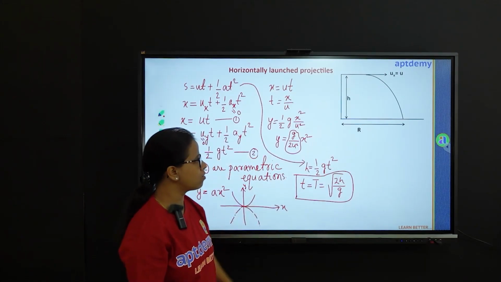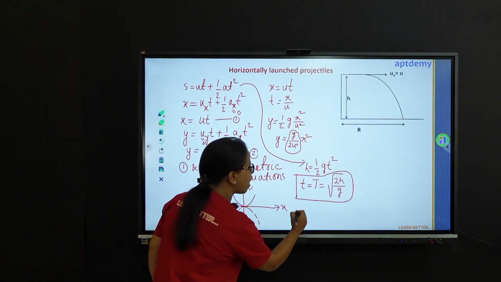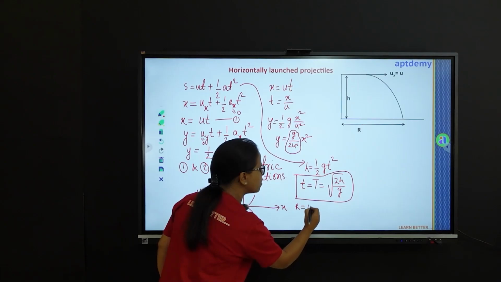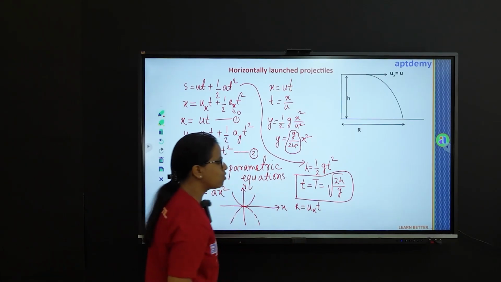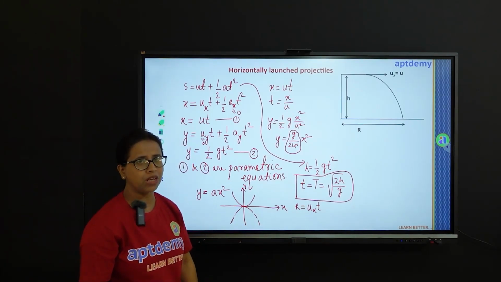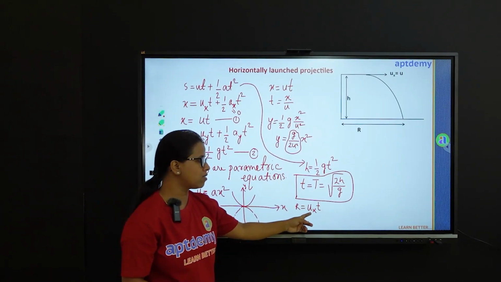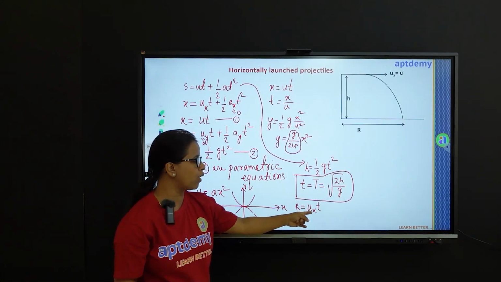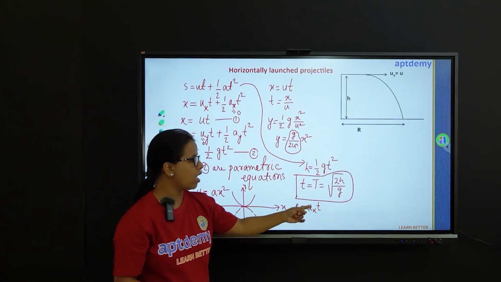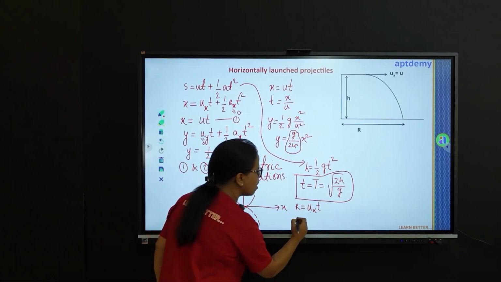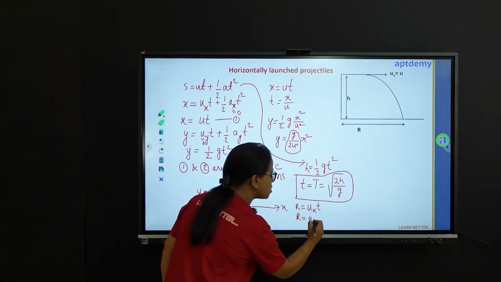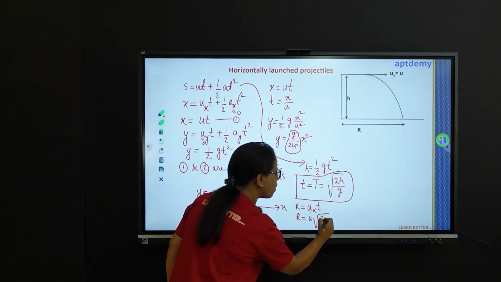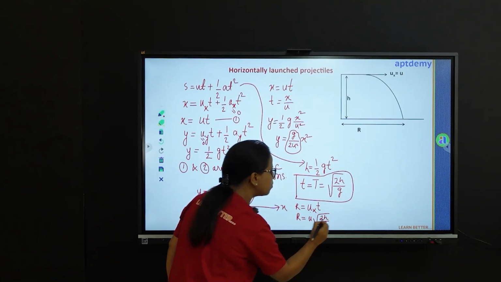So, we can write an expression for the range as R equals horizontal distance, which is ux times t, as we know that distance is equal to speed into time. The speed is the x component of the speed, that is ux, which is nothing but u, into t, the time of flight. So, we can write an expression for the range as u times t, that is u into root over twice h by g.